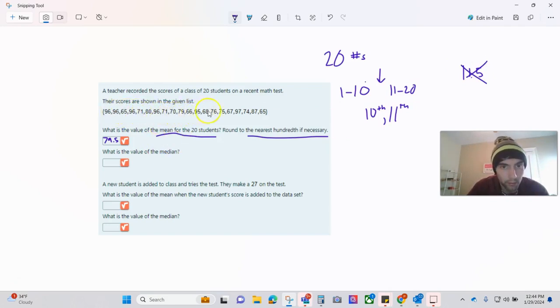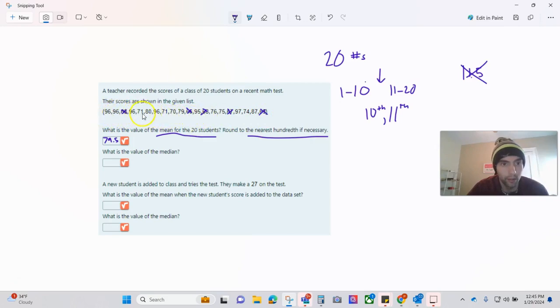So let's start at the bottom and find the 10th and 11th number. My smallest number is in the 60s. So 65, 1, 2, 3, 4. I messed up. That's okay. 4. Any other 60s? 5 numbers.